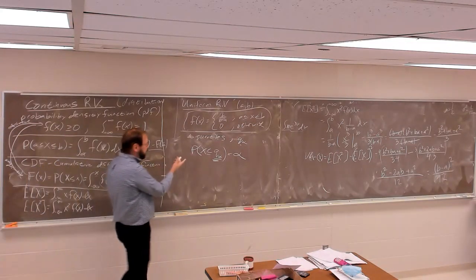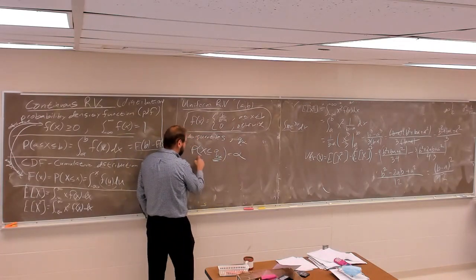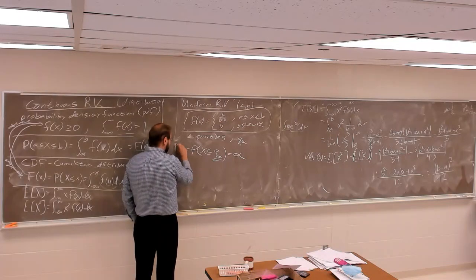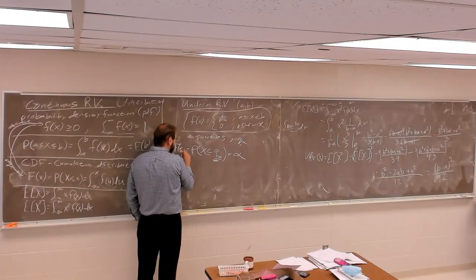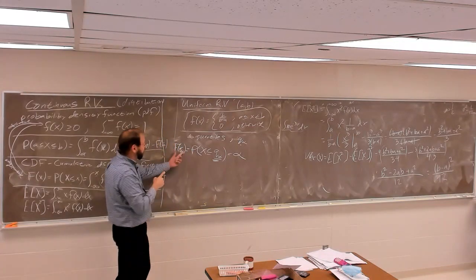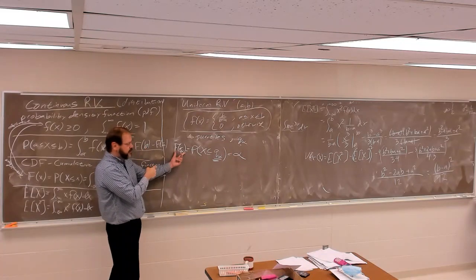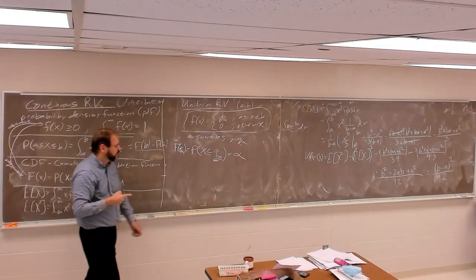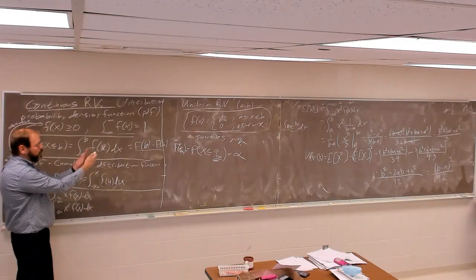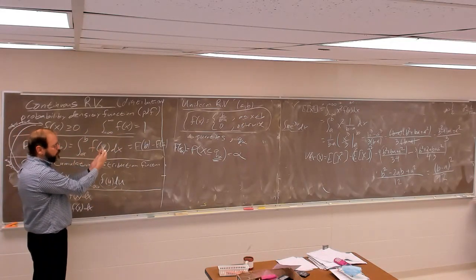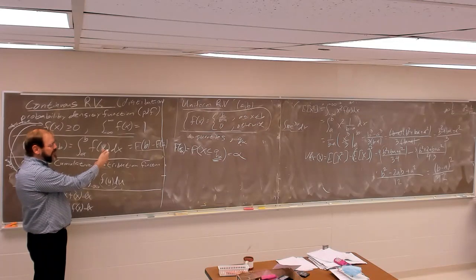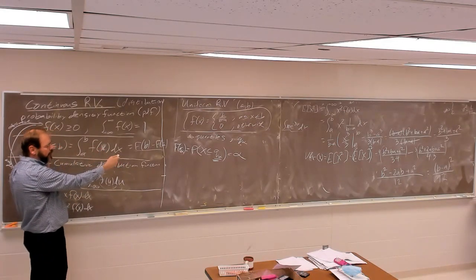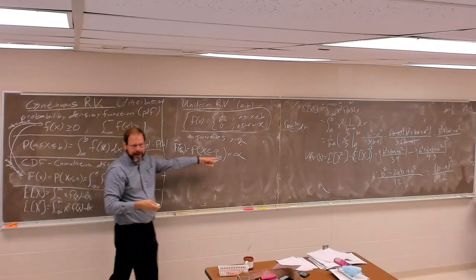Notice this is just the cumulative distribution function. What value can I plug into my cumulative distribution function to get this value for alpha? It's saying, what value Q of alpha can I plug into it so that the area under the curve to the left of that Q alpha is equal to this value alpha.